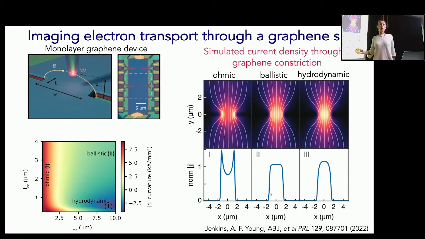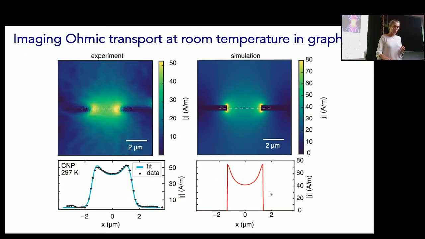And of course, the relation there is that, as we know, moving electrons produce magnetic fields. So through the Biot-Savart law, for a moving electron, we can sense the field that it produces and back out the spatial patterns of the electron flow in the device. And of course, we should be able to move around in the parameter space of ohmic, ballistic, and hydrodynamic flow by varying the momentum relaxing and the electron-electron scattering lengths, which can be varied with density and with temperature.